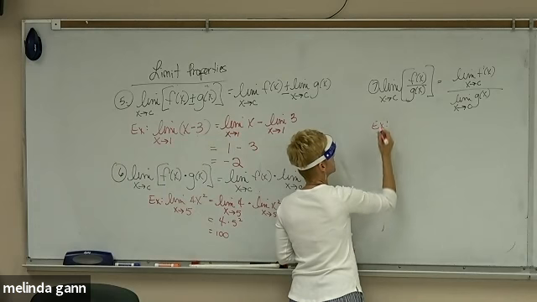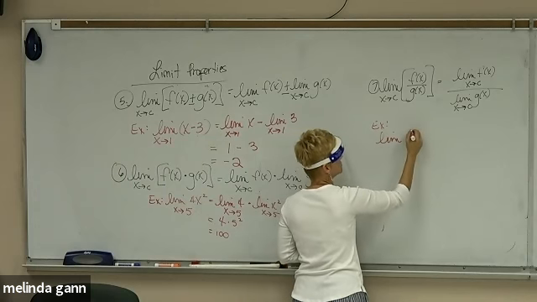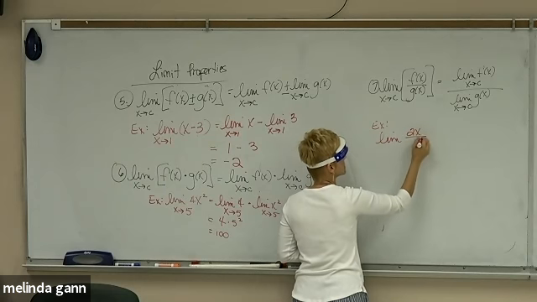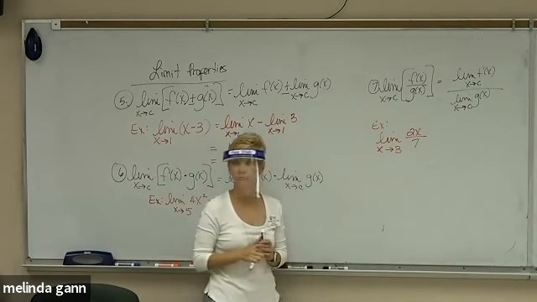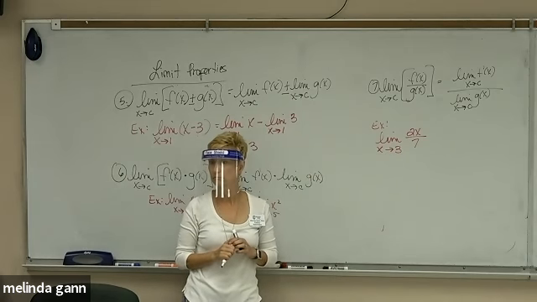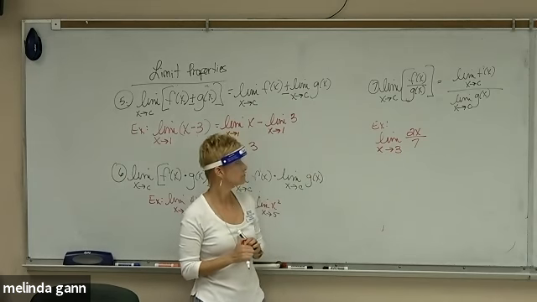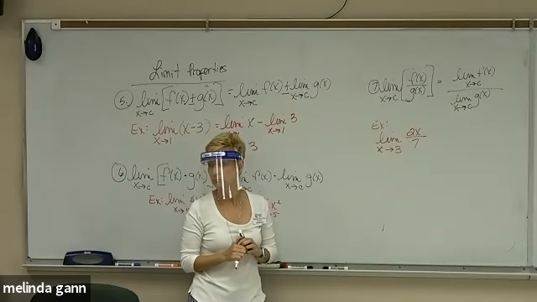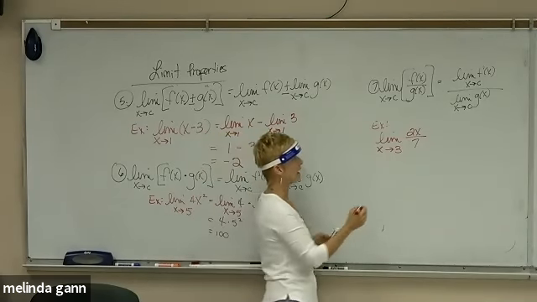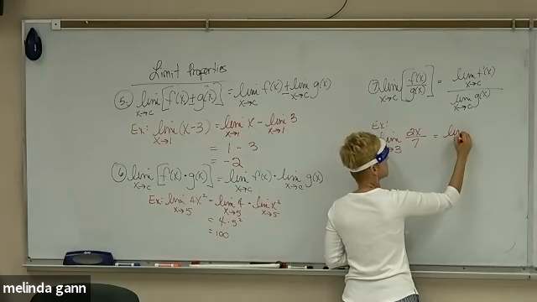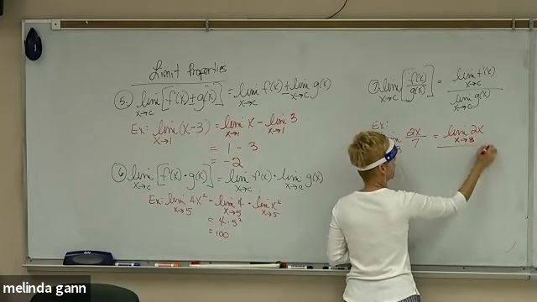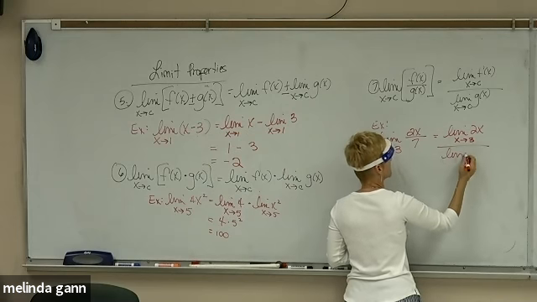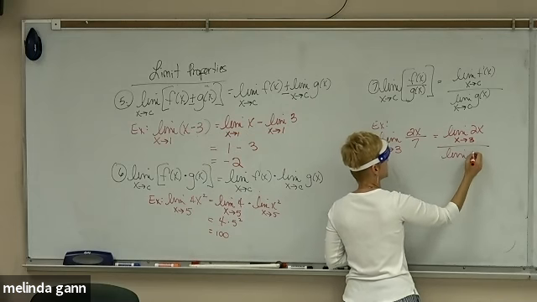All right. So that would be something like the limit of 2x over 7 as x approaches 3. So I could do it as the limit of the numerator over the limit of the denominator.